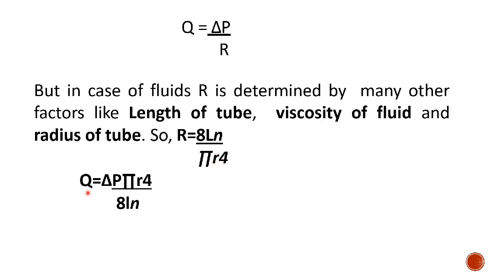Again, we can convert this resistance, R is equal to delta P by Q, so we can replace R with Q and P. So Q is equal to delta P multiplied by pi r to the power of 4 divided by 8 times length times viscosity of the fluid. This is the Poiseuille-Hagen formula, that is, flow of blood Q is equal to P pi r power 4 by 8 eta L, where L is the length and eta the viscosity of the fluid.